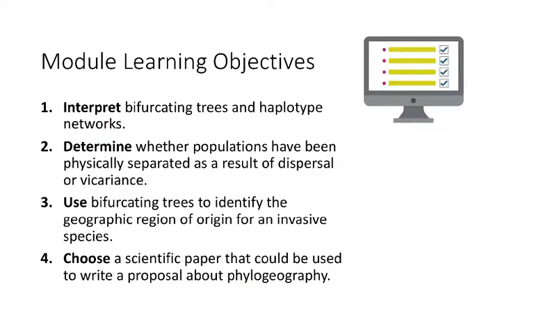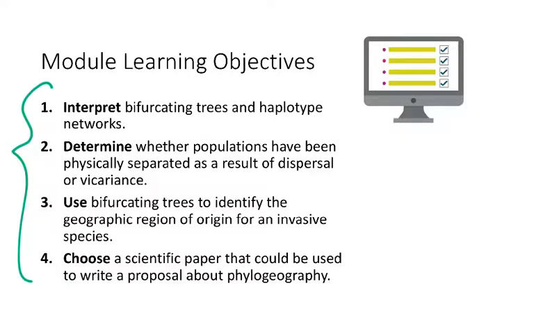By the end of this module, you'll be able to do several different things. First of all, you'll be able to interpret bifurcating trees and haplotype networks. You may have seen those in some other classes, but we'll go over that in this module. Number 2, you'll be able to determine whether populations have been physically separated as a result of two different processes, dispersal or vicariance.